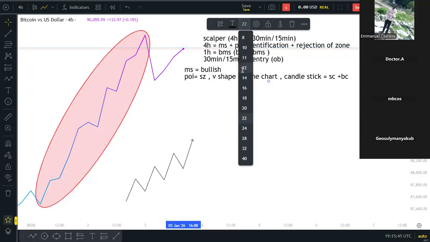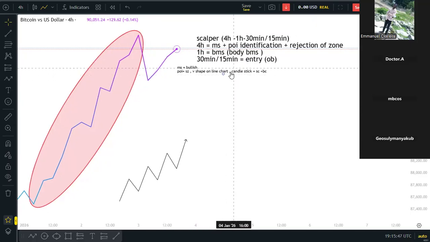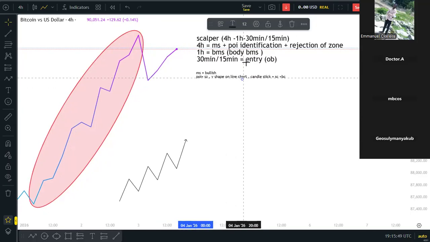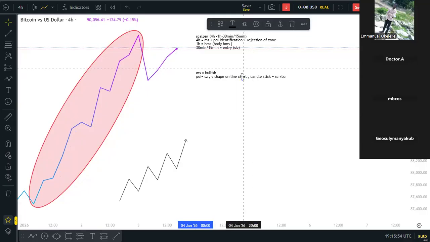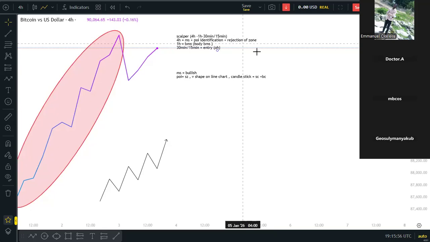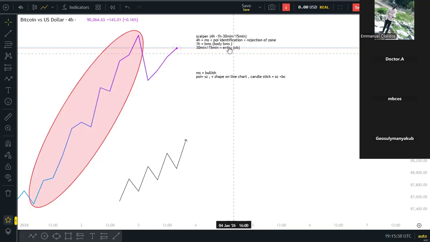These are the two things you use to confirm both POI and market structure. You see how valid the line chart will always be for whatever you are looking for.